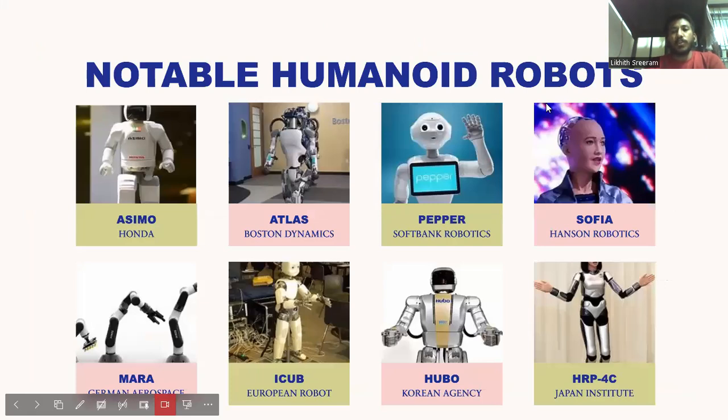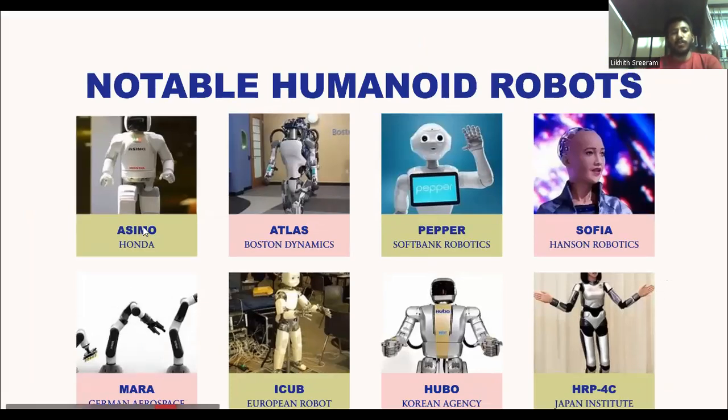These are the notable humanoid robots. Asimo, developed by Honda. Atlas, the recent innovation by Boston Dynamics; in this, low-level control and feedback control are used. Pepper, by SoftBank Robotics, is a humanoid robot. Sophia, by Hanson Robotics, is a high-level robot in the modern era.